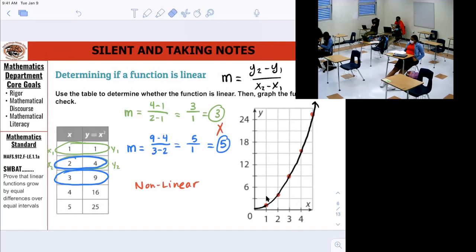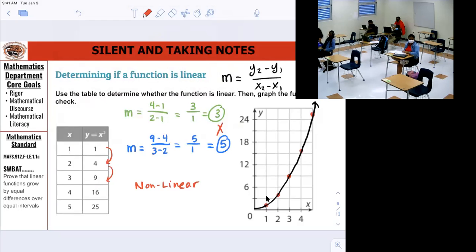Now, I want to show you guys one last thing, and this is something that might confuse you, so I just want to make sure we understand what this means. Is there a pattern here at all? No, not really. Because we had +3, then +5, +7, plus 9. Oh, I see a pattern.